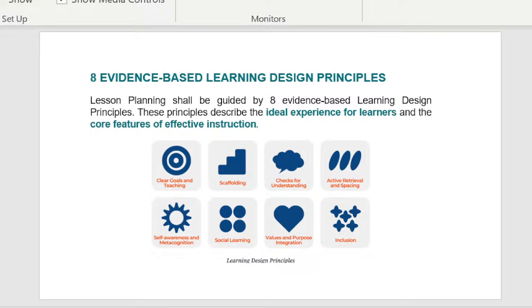You have clear teaching goals, scaffolding, checks for understanding, active retrieval and spacing, self-awareness and metacognition, social learning, values and purpose integration, and inclusion. These 8 evidence-based learning design principles should be our guide in making a lesson plan.